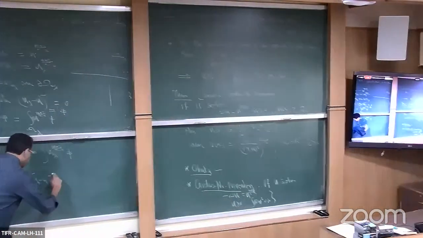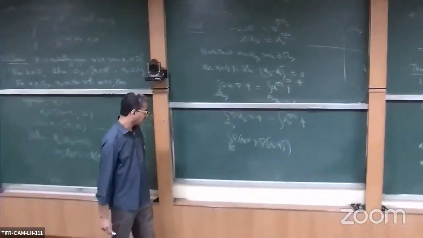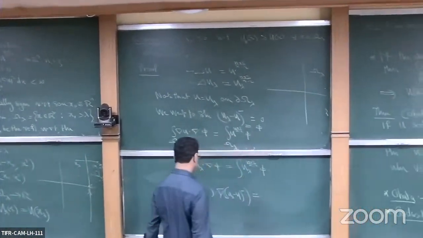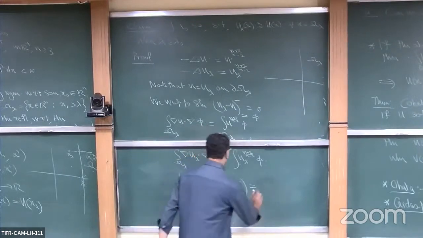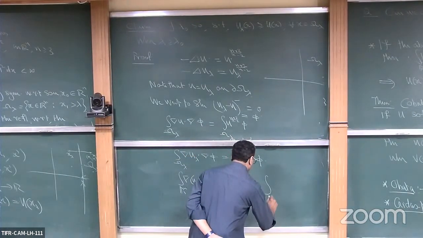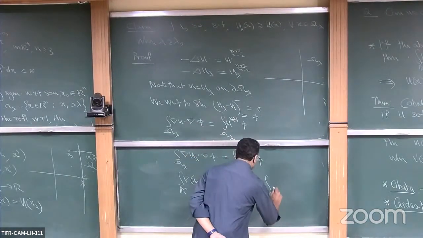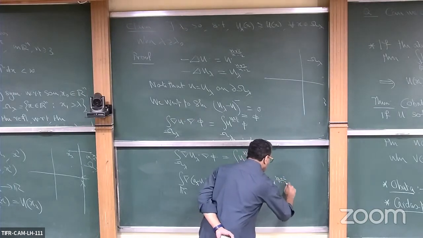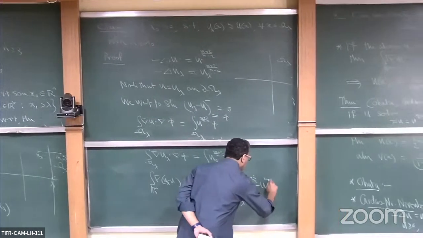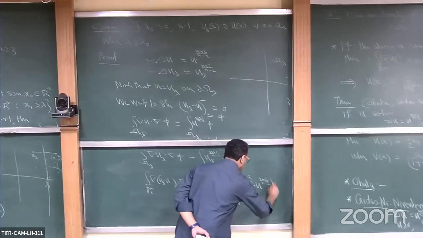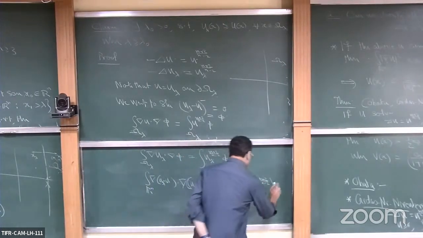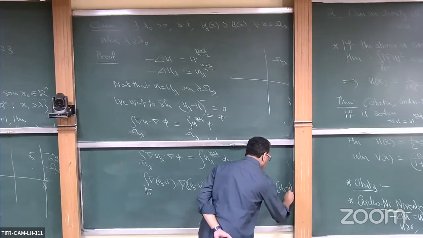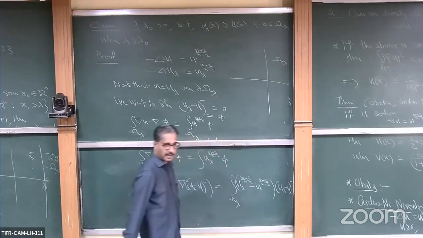It's negative one. And that is going to be equal to, subtracting this from here, the integral over omega lambda of u lambda to the power, this into u lambda minus u. This is negative.